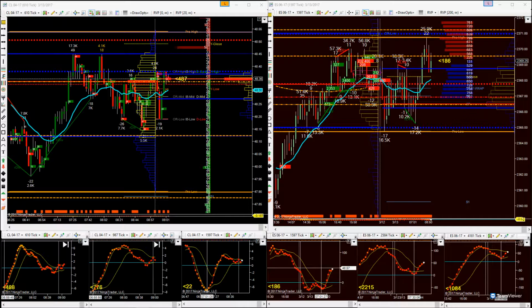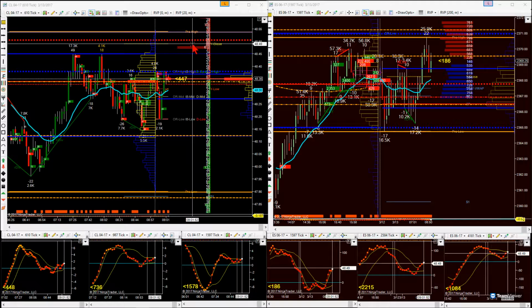I'm sorry, that's value area low from Friday. So trying to get back into Friday's value area. You see Friday's VPOC right here.